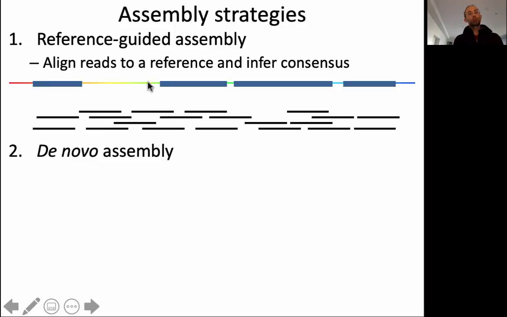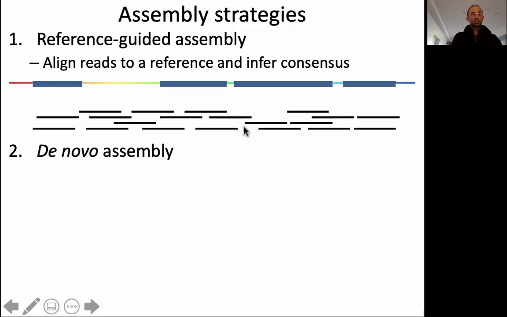Of course, the reference genome may have regions that are not present in the sequenced organism, and so those parts will be missing and might lead to broken sequence of the genome of the organism we're actually interested in. Of course, the closer the reference genome is related to the sequenced organism itself, the better this reference-guided assembly will be in the end.